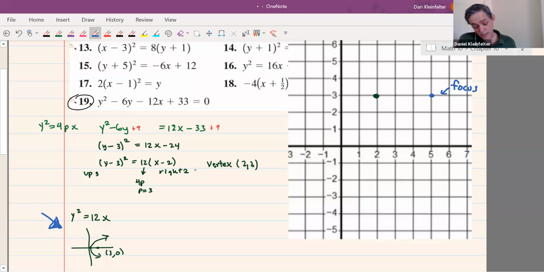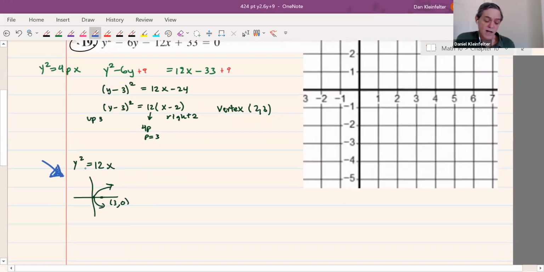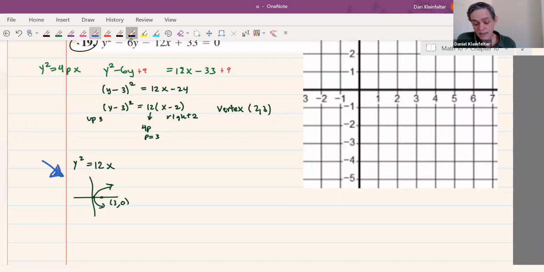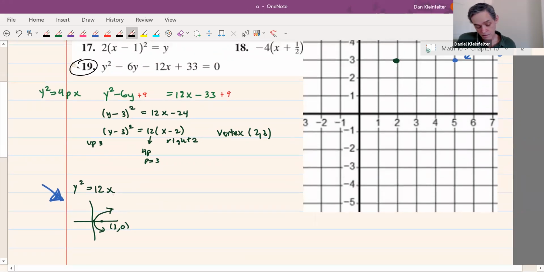So for my untranslated one, that is y squared equals 12x, let me find just a couple of points and we can draw that on here. So we want to try to find values that will actually fit with y squared being a perfect square.